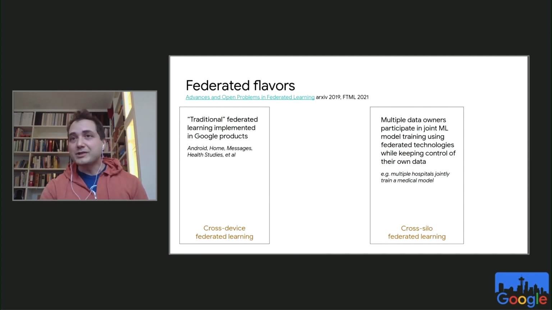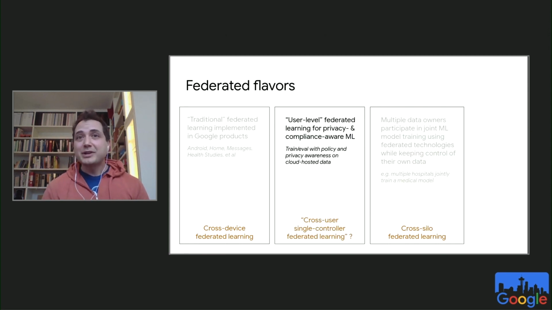We've also noticed, though, a really interesting kind of middle section in the last year or two at Google, which we don't really have a good name for yet, but I just wanted to mention to you all. We're thinking of this as the cross-user single controller federated learning setting. This is really about being able to provide the same kind of user-level privacy guarantees that we do in cross-device federated learning on data that Google actually has, because it's data about users that are logged in and using a Google service where the primary copy lives in the cloud.